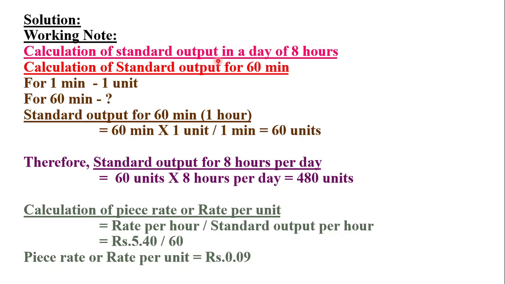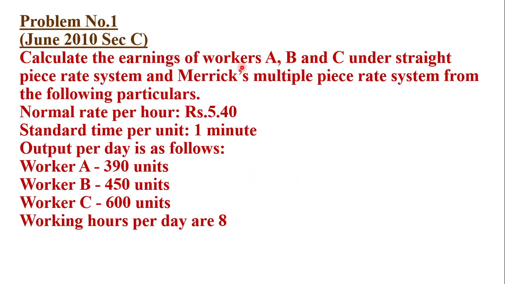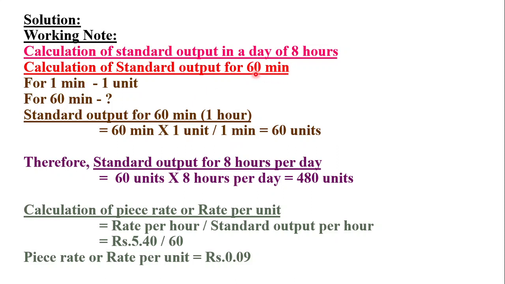Calculation of standard output in a day means we are going to calculate for 8 hours, the standard working hours per day. But whatever information is given in the problem is in the form of minutes. Standard time per unit is 1 minute. So first we should calculate for 60 minutes and then we can convert for 8 hours.